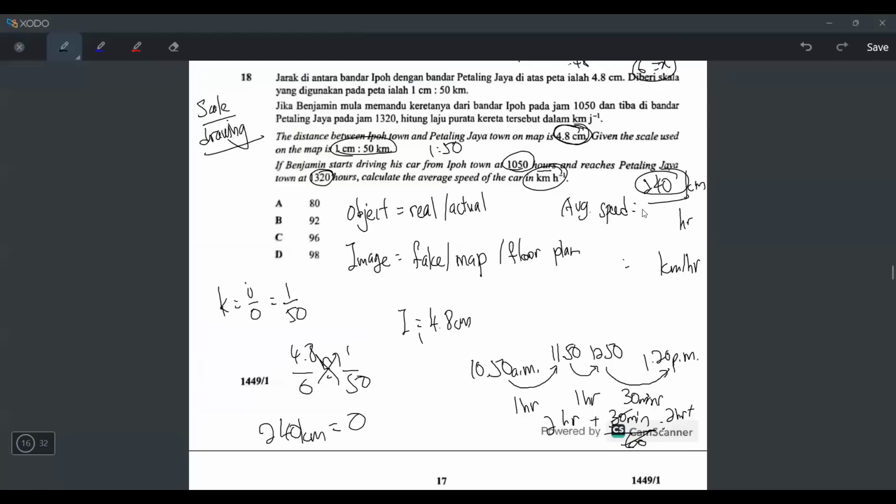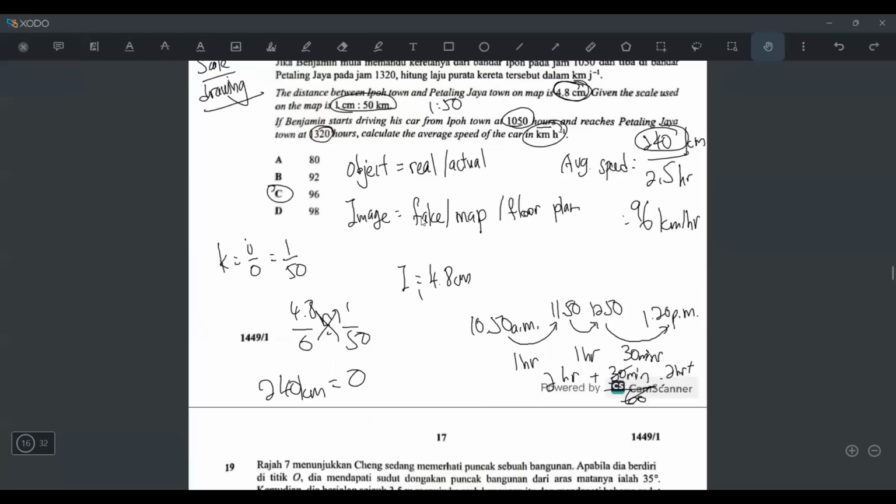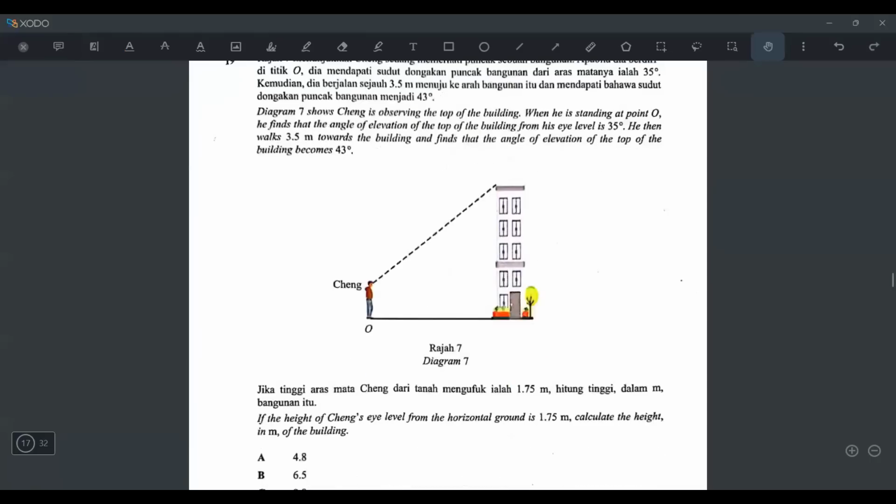So what's 2 hours plus 0.5 hour? 2.5 hour. And then 240 divide 2.5, you should get the answer 16. Wait, did I press correctly? 240. Okay, 96. Okay, I forgot to press the 2, sorry. So 96. So the answer for 18 is C.